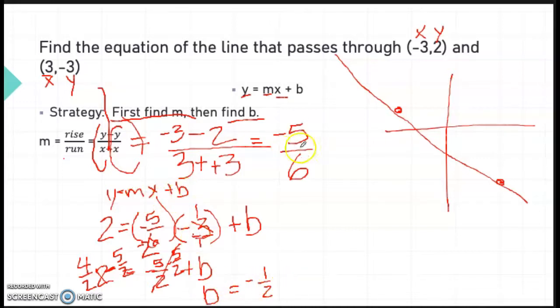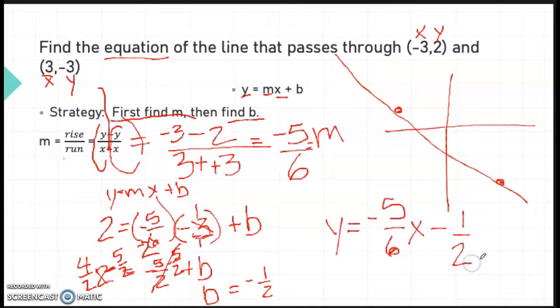I found my M, and I found my b. Now I need to put it all together and write the equation of the whole line. The equation of my line is y equals -5/6 is the slope times x, and then -1/2 is my y-intercept.